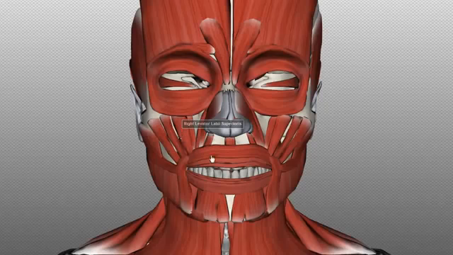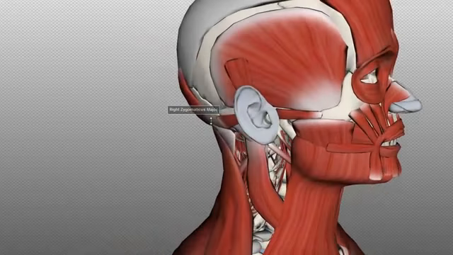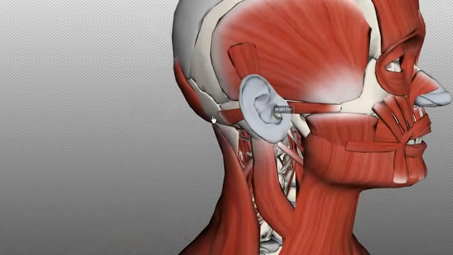So those are all the muscles which are involved in producing movements of the mouth, the oral group of muscles. The final muscle group to talk about is these muscles around the ear. These are the auricular muscles, and you've got three muscles. You've got the auricularis posterior, the auricularis superior, and the auricularis anterior.